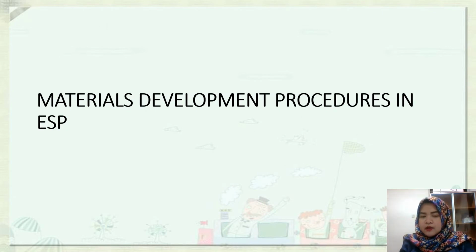Okay, so here is the material development procedure in ESP. But before that, material development is a typical feature of ESP courses, mainly because of the attempt to offer teaching material which fits a specific subject area and the specific needs of a certain group of students.